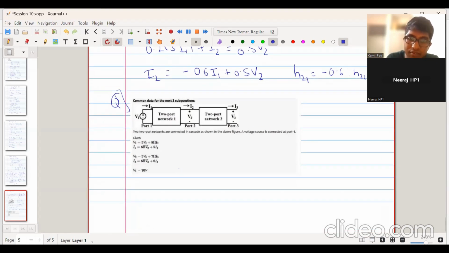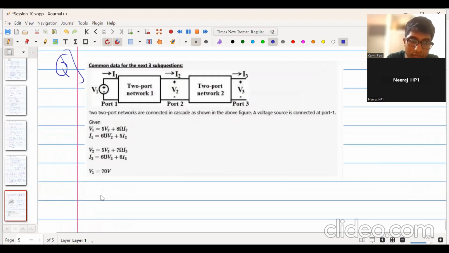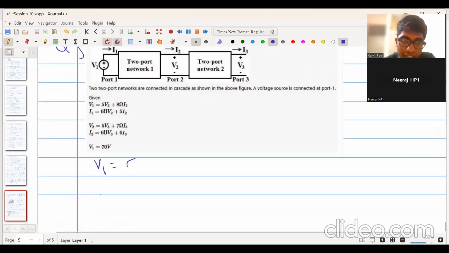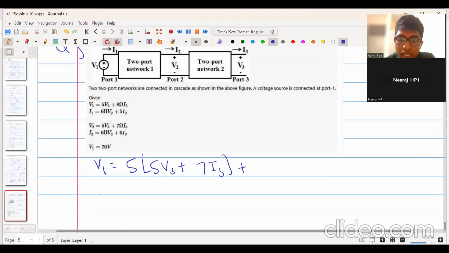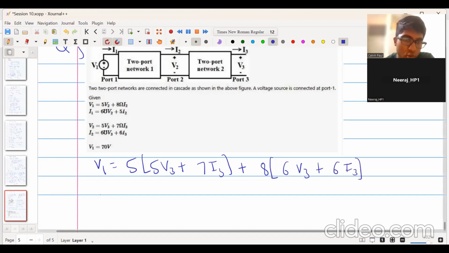So we will get V1 is equal to 5 into V2, that is 5 into 5 V3 plus 7 into I3, plus 8 into I2. I2 is equal to 6 V3 plus 6 into I3. You ignore the ohm and inverse ohm.